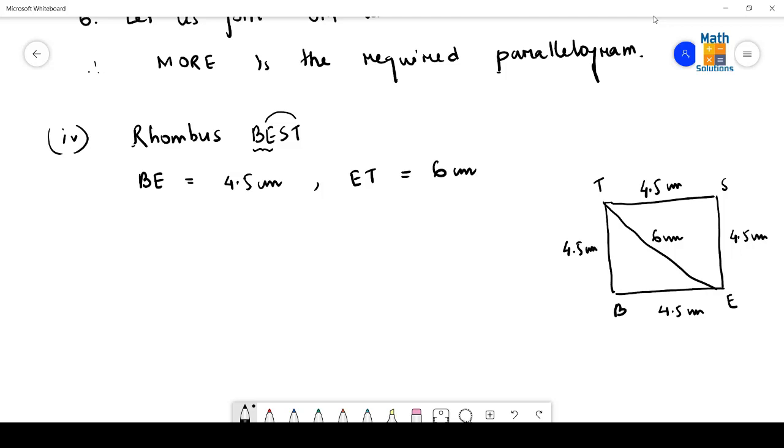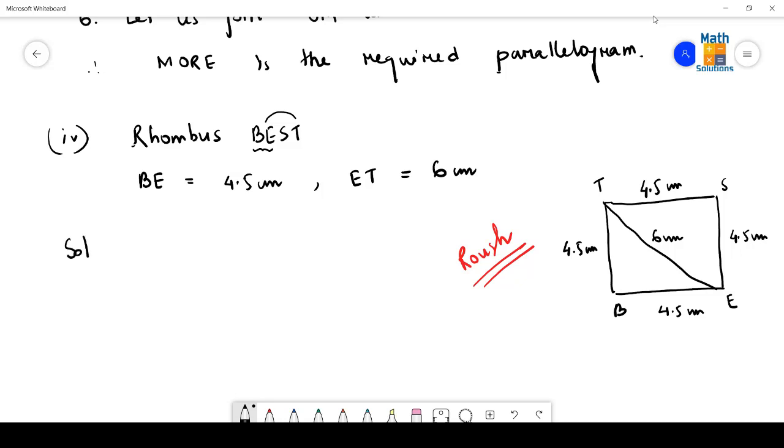Now we have to concentrate on the construction of the required rhombus. This is just a rough sketch, so I should write this here. This is rough sketch. So let us come to what are the things given.